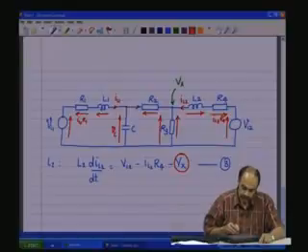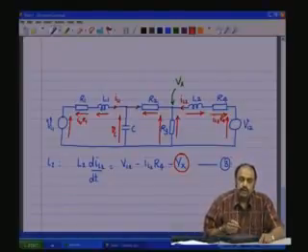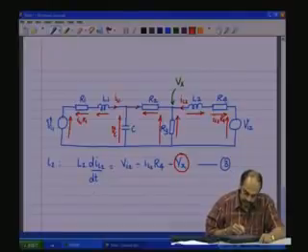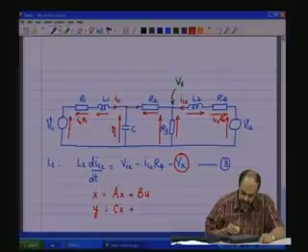Okay. Now, these equations 1, 2, 3 can now be put in the standard form of x dot equal to Ax plus Bu, and y equal to Cx plus Du.